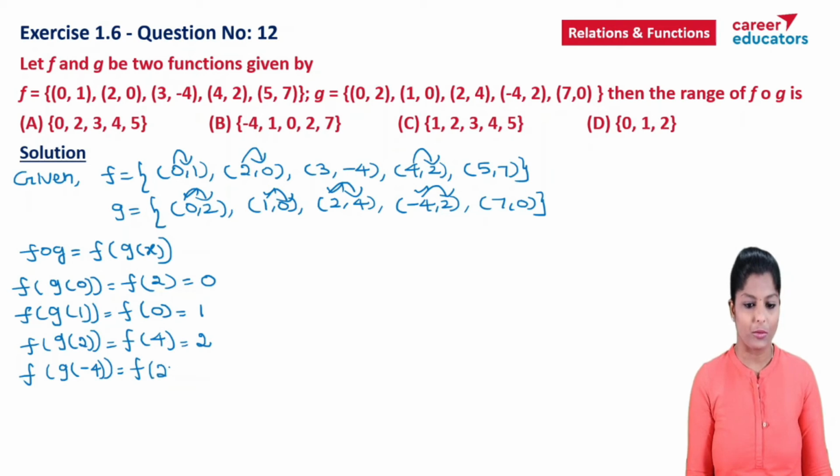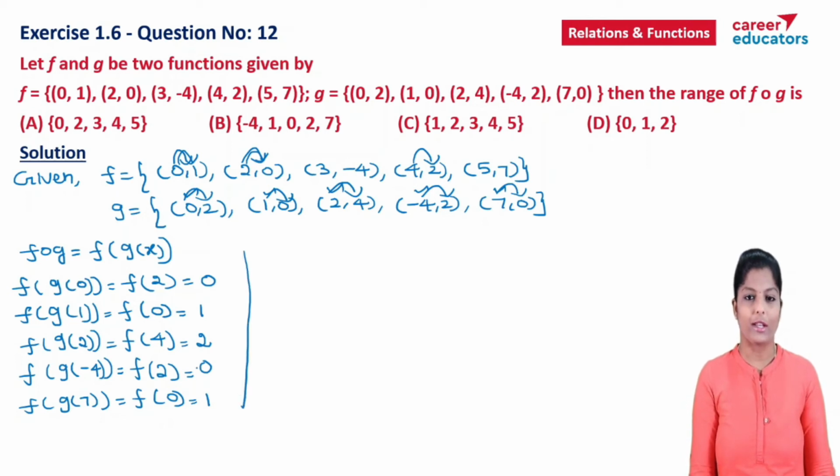So, we will get 2. F of 2 is given as 0 in the question. So, we will get 0. Next, we have to take the element 7. F of g of 7 equal to f of g of 7, which is given as 0 in the question. So, we will get 0. F of 0 is given as 1 in the question. So, we will get 1.